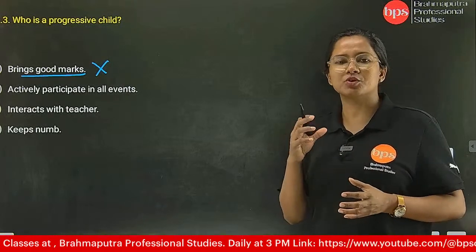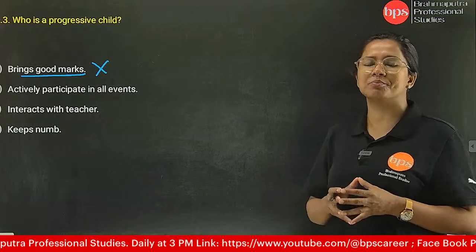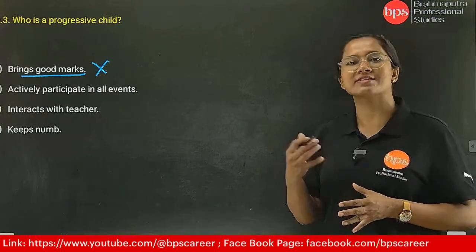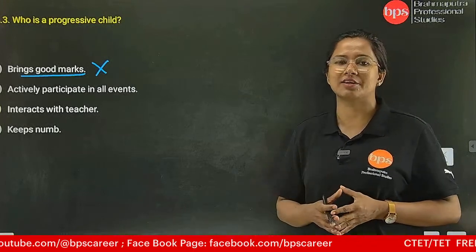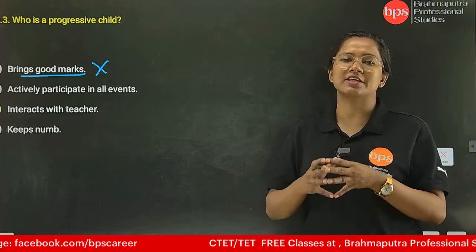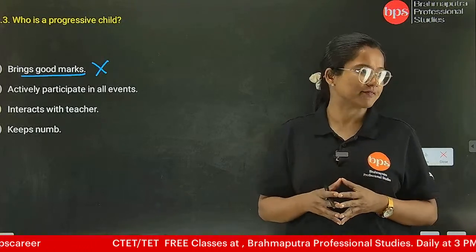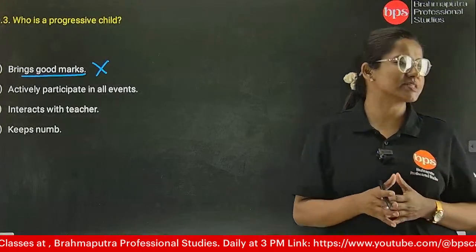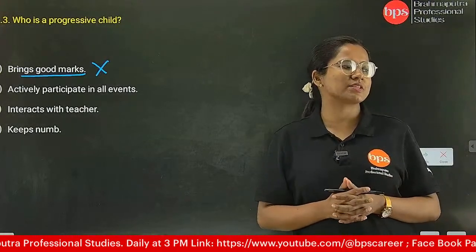Okay, you may score good marks or the highest marks, but it depends upon your execution, what you understood in your practical life or in your social life. Okay, next we have the concept of interacts with teacher.